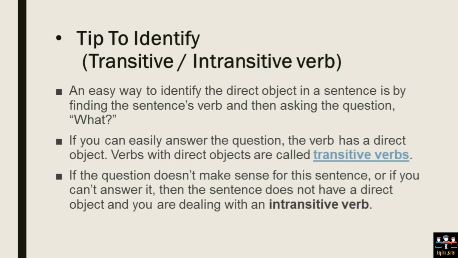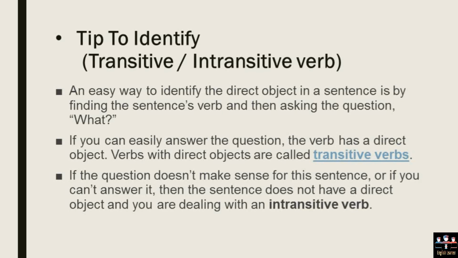If the question doesn't make sense for the sentence, or if you can't answer it about what or whom, then the sentence does not have a direct object and you are dealing with an intransitive verb.